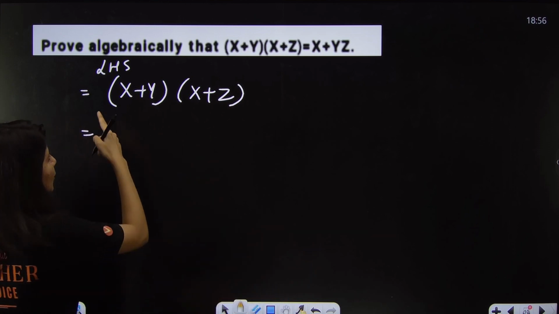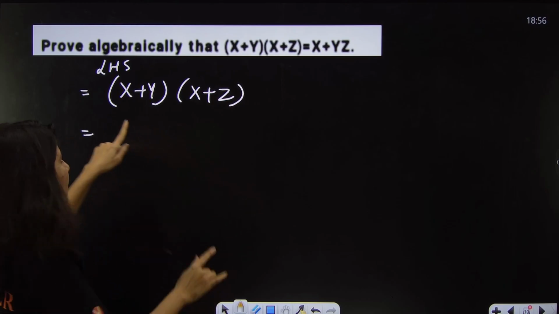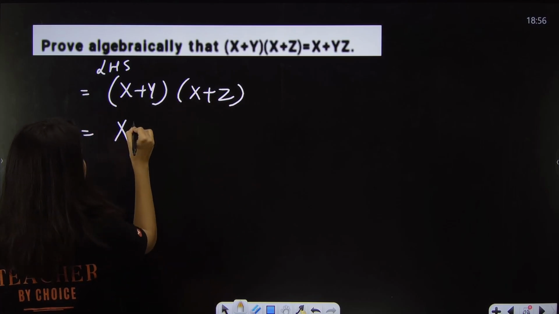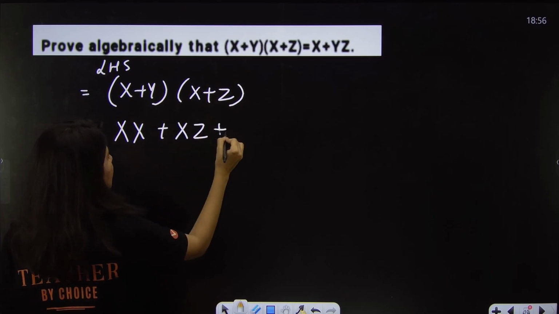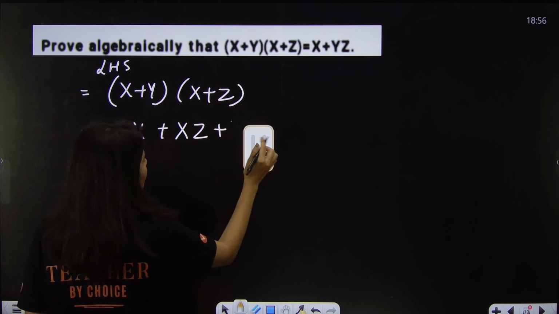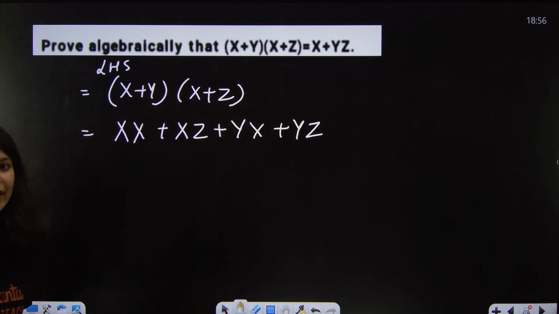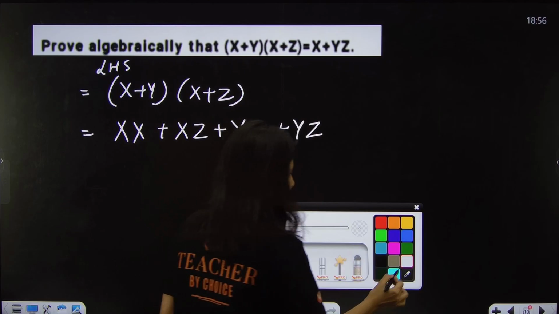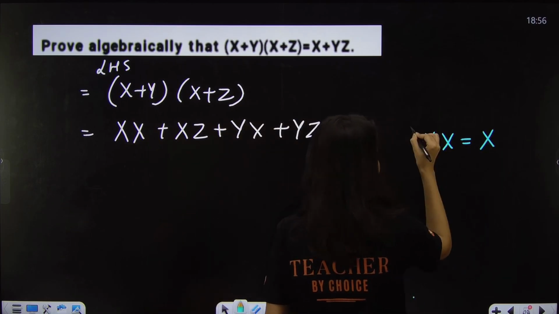So this time the normal maths you can apply: multiply x by x, x by z, x z, plus yx and yz. Now x multiply x will result in x.